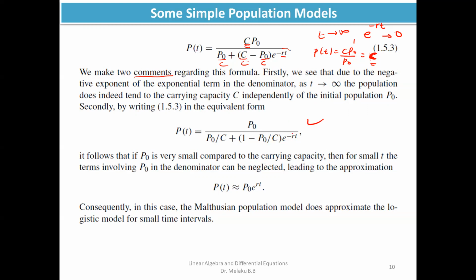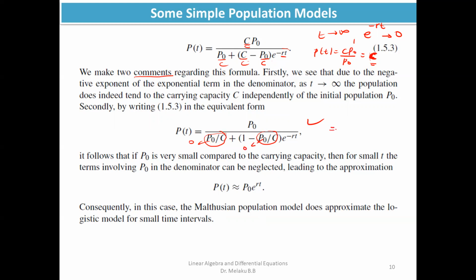Then it follows that if P naught is very small compared to the carrying capacity C, this part will be 0, this part will also be 0.